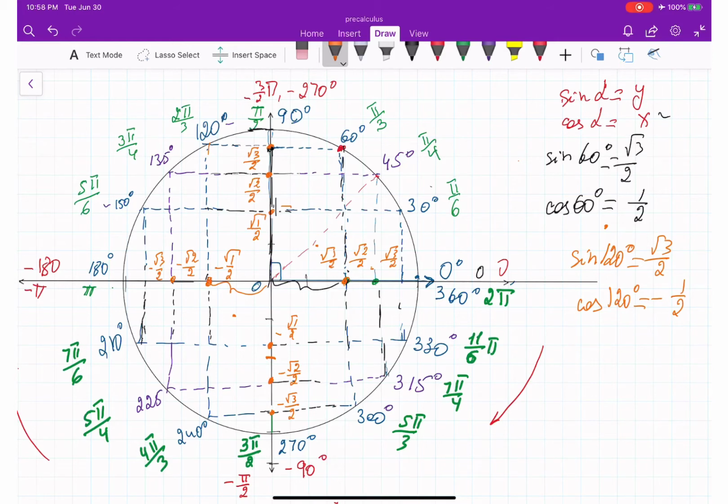The other one I can take is sine 300 degrees. Sine 300 degrees is going to be negative square root 3 over 2. And cosine 300 degrees will be equal to positive 1/2.